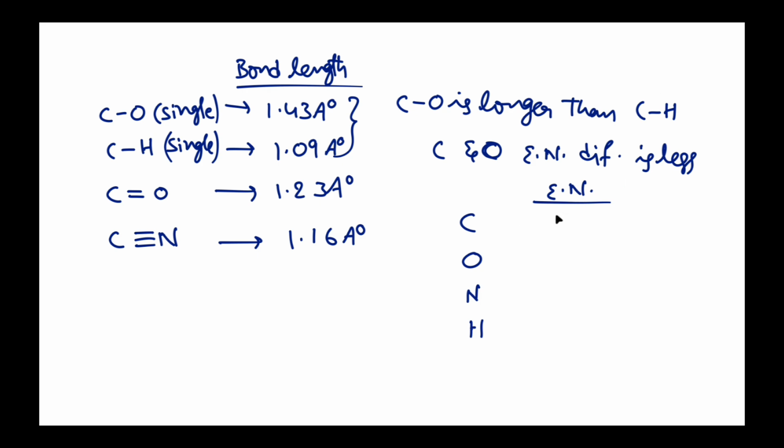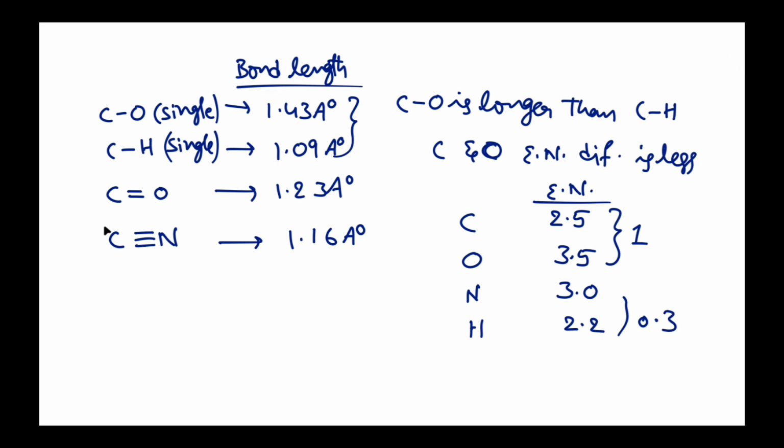Carbon electronegativity is 2.5, oxygen electronegativity is 3.5, nitrogen electronegativity is 3.0, hydrogen electronegativity is 2.2. So between carbon and oxygen the electronegativity difference is 1, but between carbon and hydrogen the difference is 0.3.